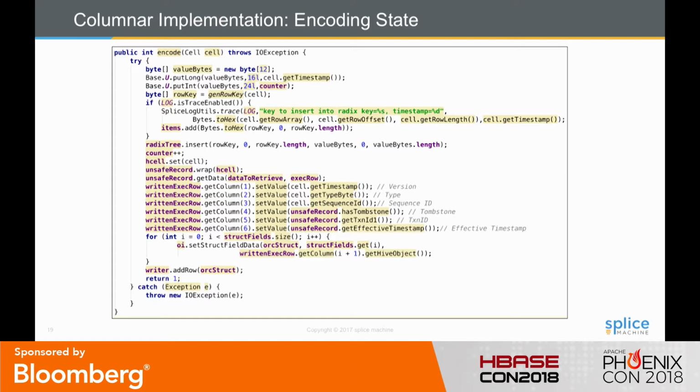You have a tree, jam the row key in with where you are in the counter, write it to ORC, which there's tons of stuff online about how to do. So you have these two byte structures, and you copy them on the byte buffer in the block for HBase. Does that make sense to anybody? Okay, so it's a really basic strategy. Nothing fancy at all here.